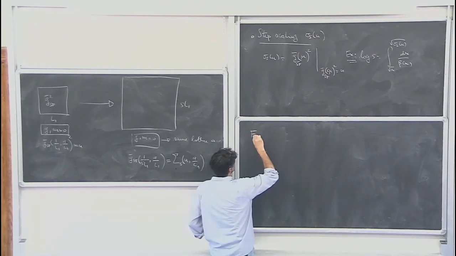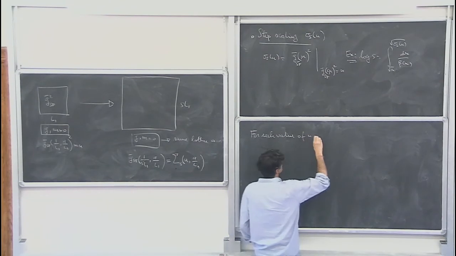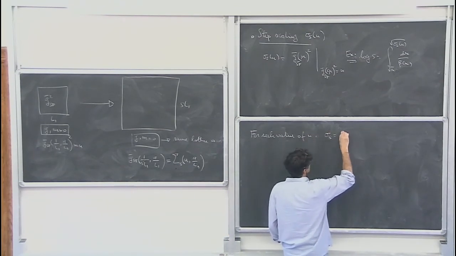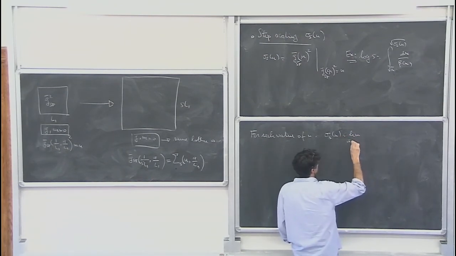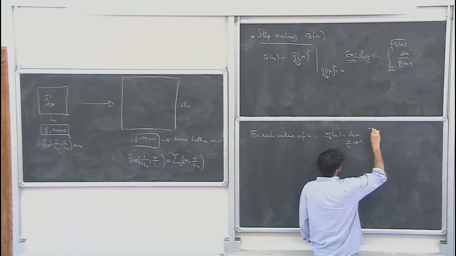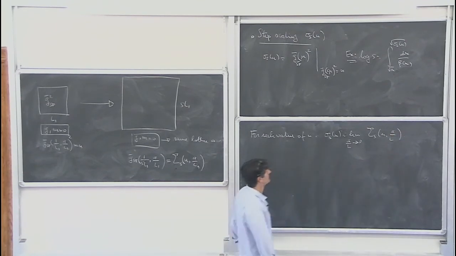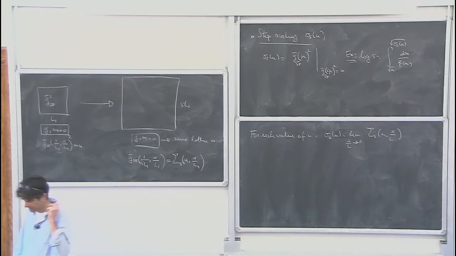So for each value of u, we can define sigma s of u as the limit for a over L goes to 0 of capital sigma of u and a over L. Okay. And so that allows me to compute sigma, the step scaling function, for several values of u.